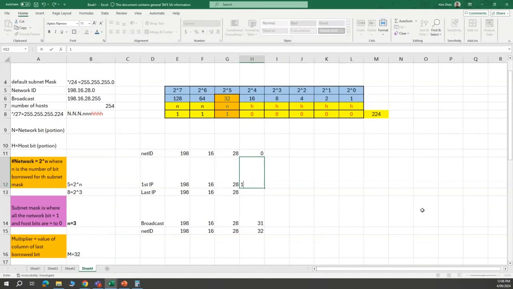So that's the first IP address. What's the last IP address? 30, because it's one before the broadcast. So my range is .1 to .30.